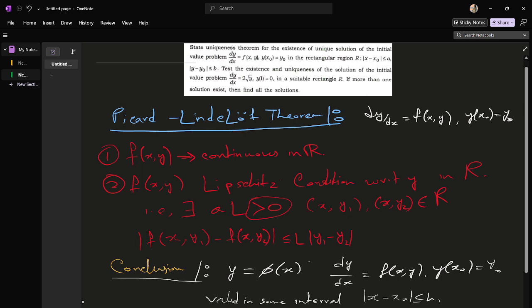However, h is less than or equal to a. Then the solution is guaranteed to be unique in R. Now I'm going to wipe this off for the second part of the question.